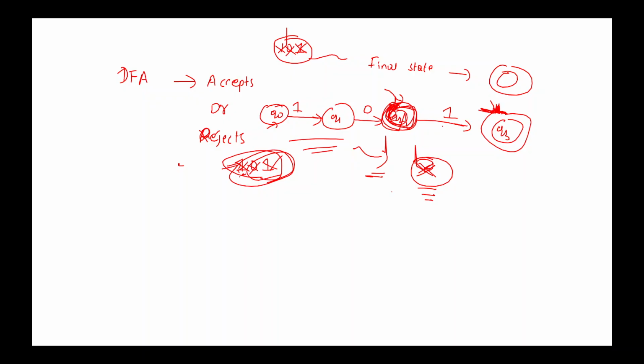If it does, we say that our model is accepting the string. But if it doesn't, then we didn't do well. So I hope you got how a DFA model is accepting and rejecting strings. Now I will give an example, and with that it will become more clear.